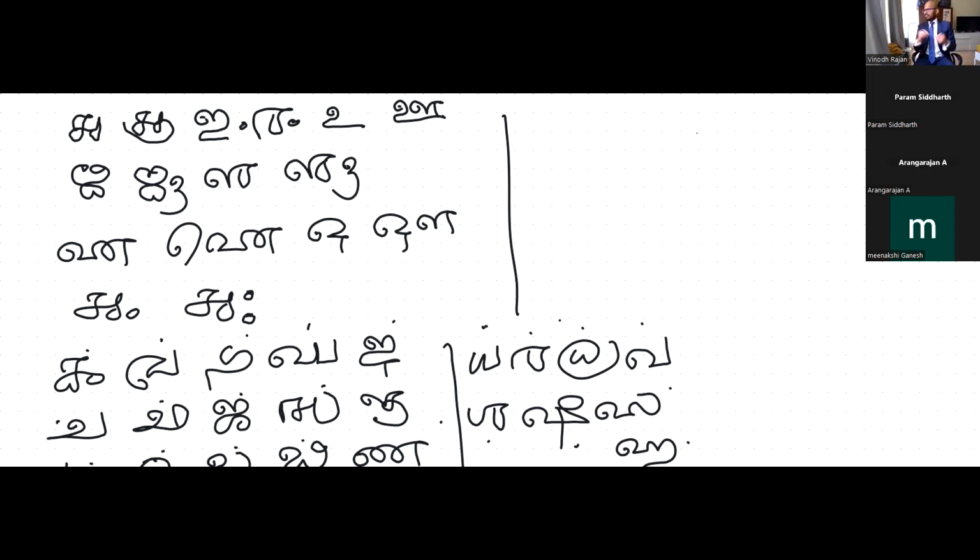If it doesn't have a pulli, it's a long sound. It's pretty much written in all of the classical Tamil grammars. But if you take the modern Tamil script, you would notice that that's not the case.